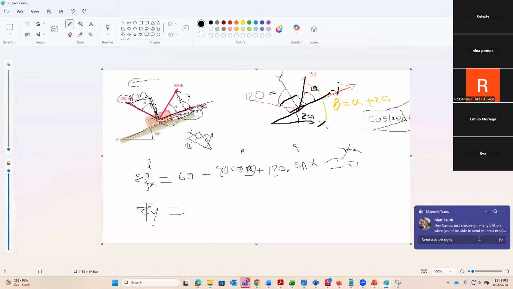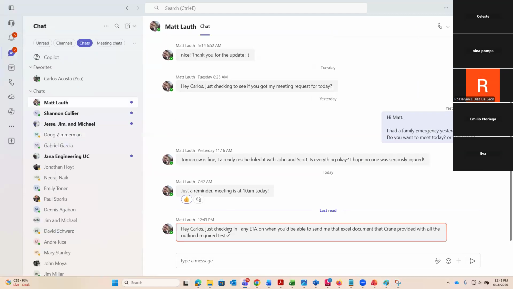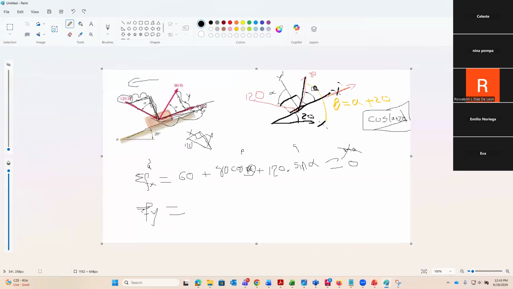Shouldn't it be 80 sine alpha with 120 cosine alpha? All right, say it again. 80 sine of alpha and 120 cosine of alpha. You got it. Beautiful.